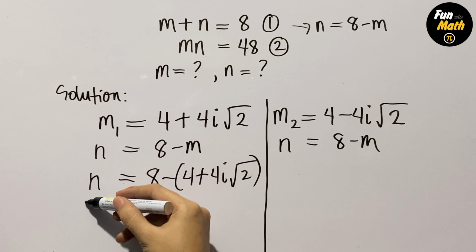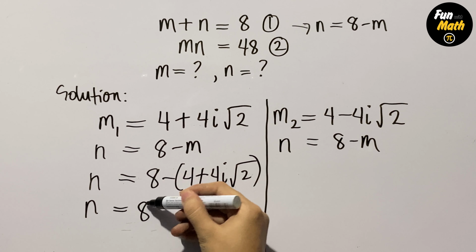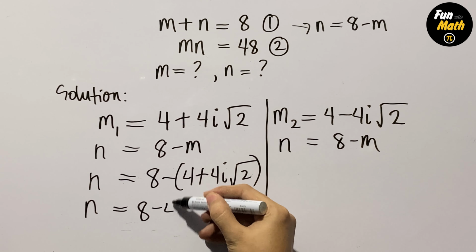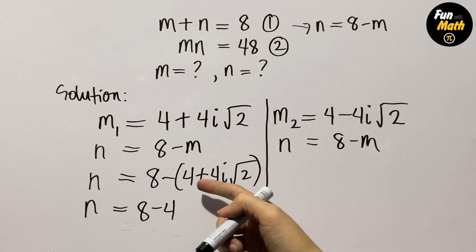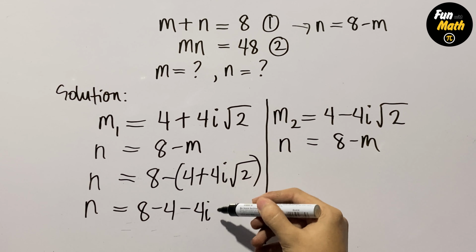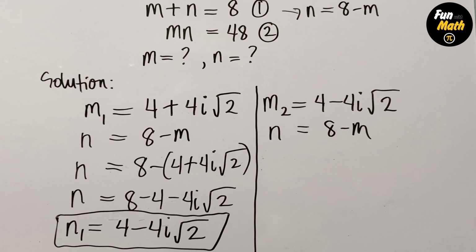So this will be n is equal to 8 minus, or the negative sign, negative times 4, that is negative 4. Negative times positive 4i, that is minus 4i square root of 2. So we have 8 minus 4 minus 4i square root of 2. And the value of n1 is equal to 4 minus 4i square root of 2.